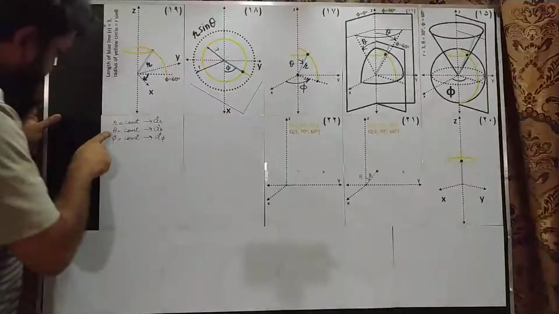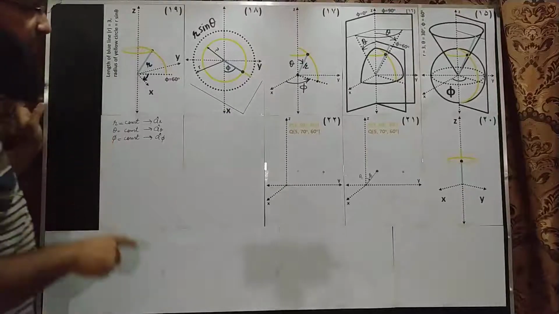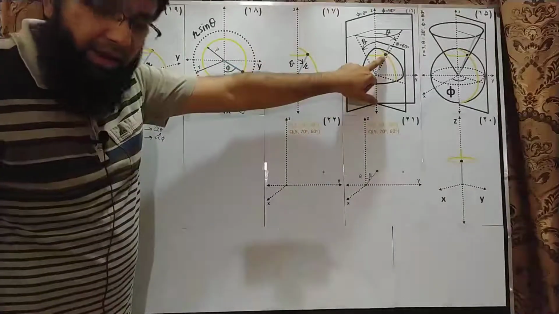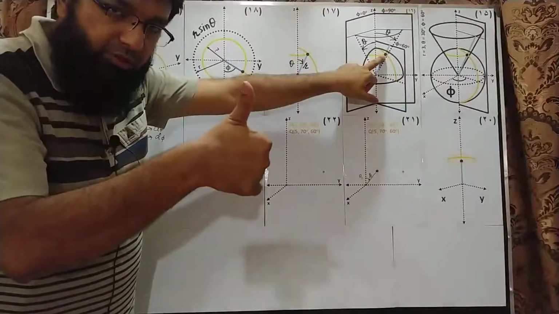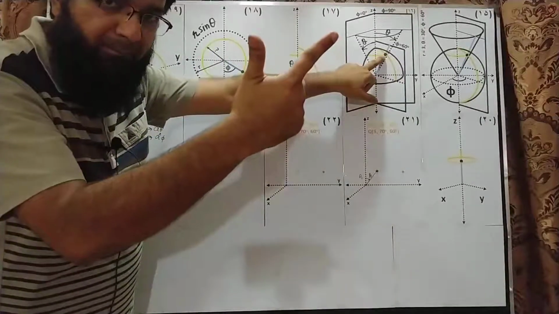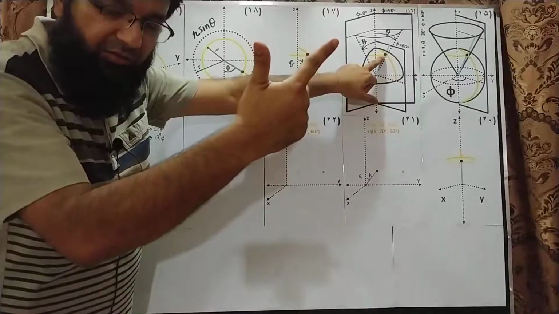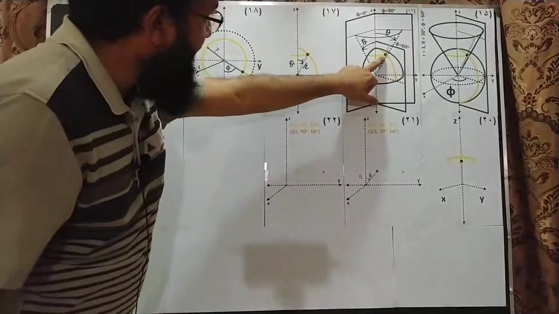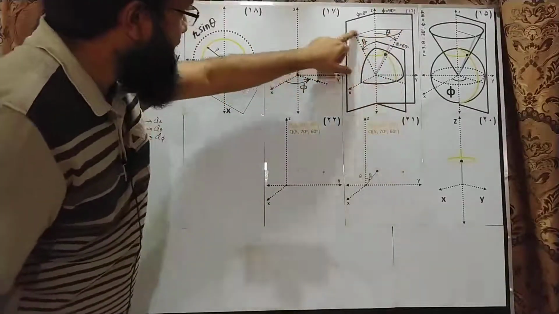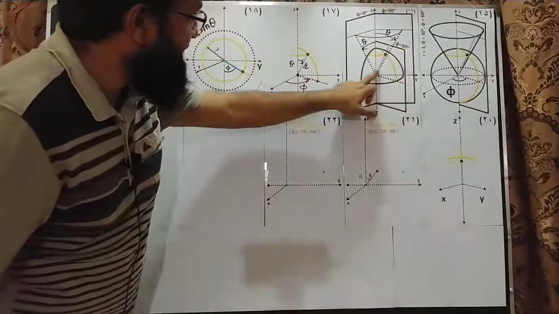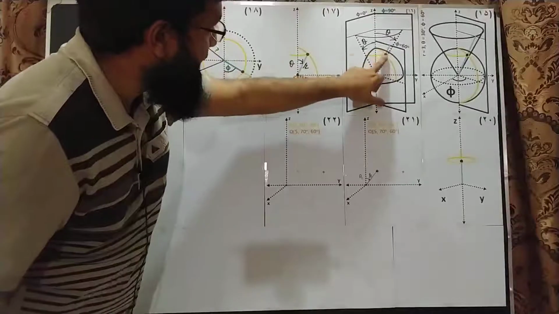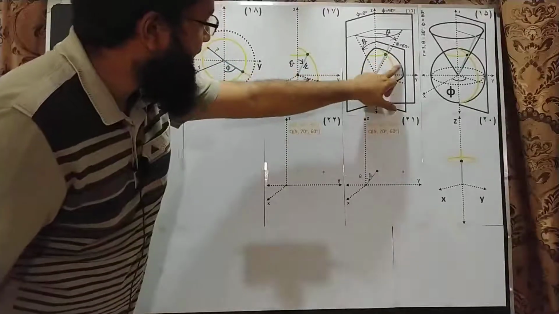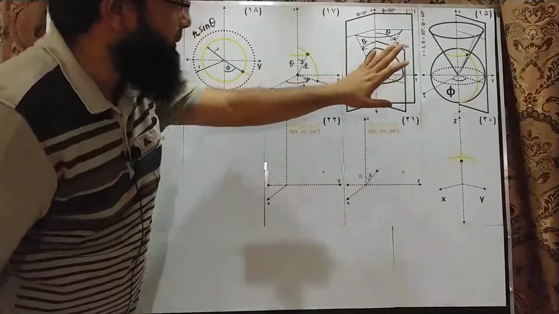So in order to keep theta and phi constant, I must move in a direction which should be on phi equals to constant and theta equals to constant surfaces. We know that the intersection of theta equals to constant and phi equals to constant is nothing but this blue line. So if I move along this blue line anywhere, theta will be constant, phi will be constant.